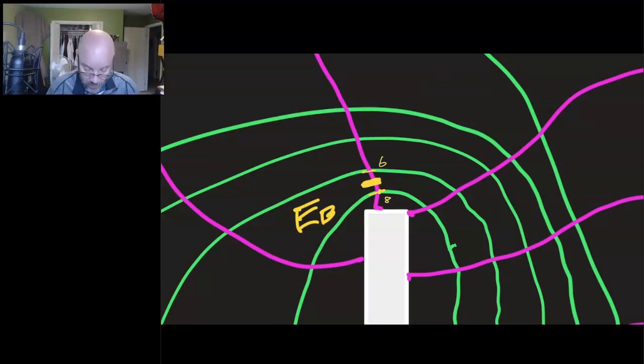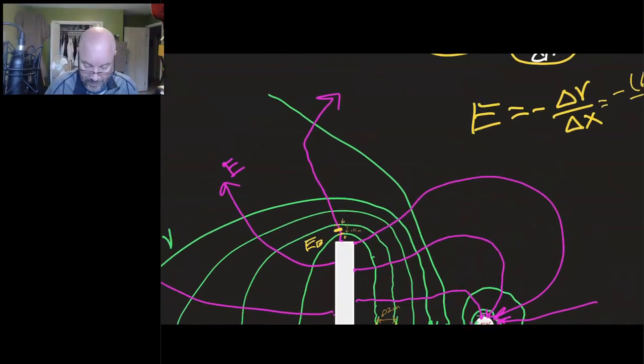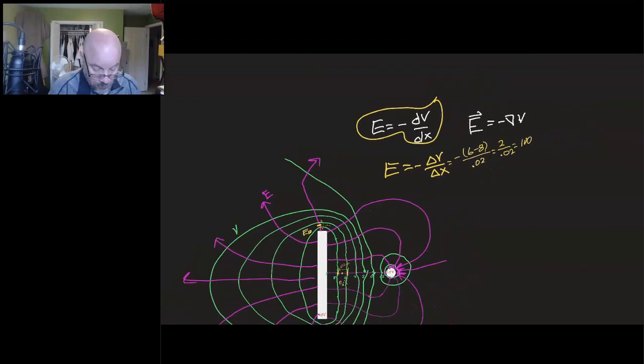What's different in this case is the distance across here. Maybe this is 1 centimeter instead of 2. So maybe it's half as much. Okay, so this was EA.